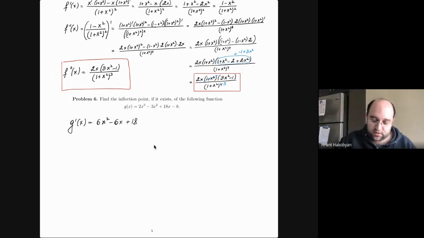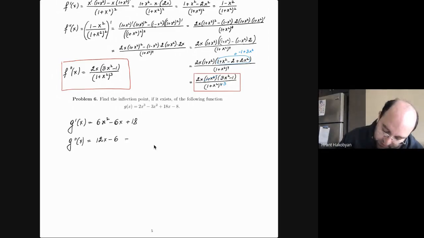That's my derivative. The second derivative is the derivative of this expression, so it's 6 times 2x, that's 12x minus 6. That's my second derivative.